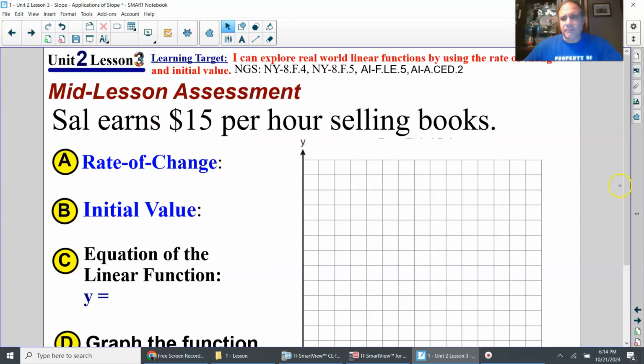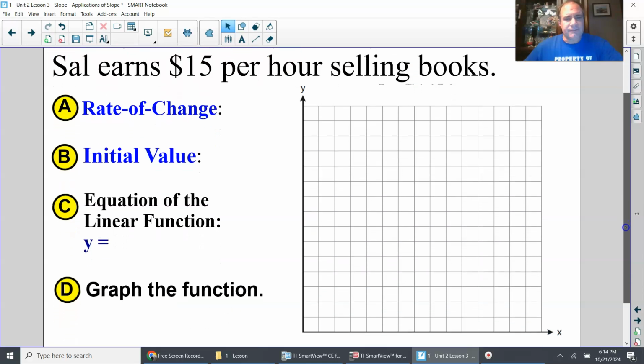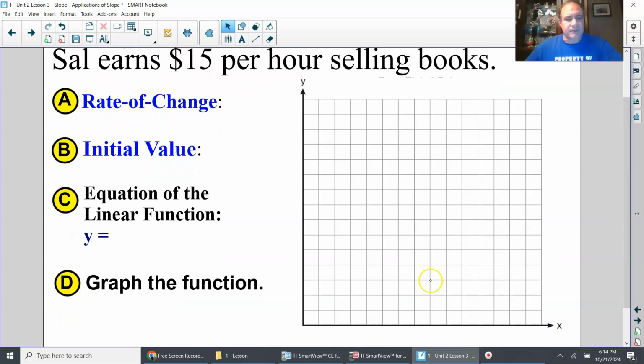All right, so here we go with Sal, and Sal earns $15 per hour selling books. So again, remember the x-axis is time. So we're just going to go 0, 1, 2, 3 and count by ones, and it goes up to 15. Now, talking about the y-axis, we're talking about money.